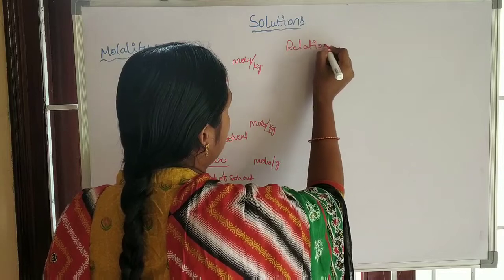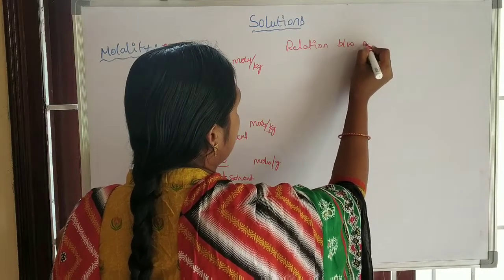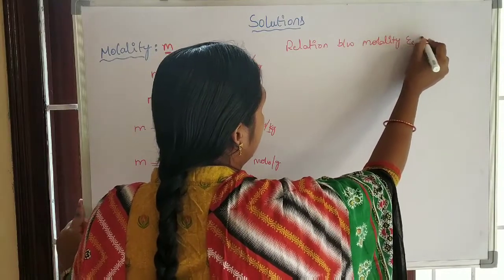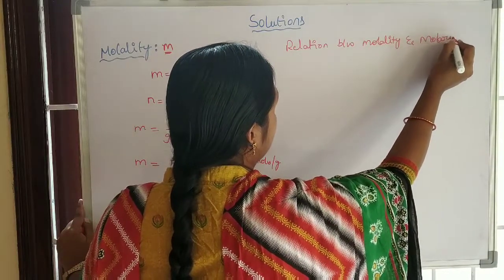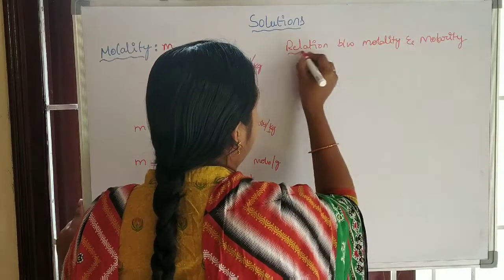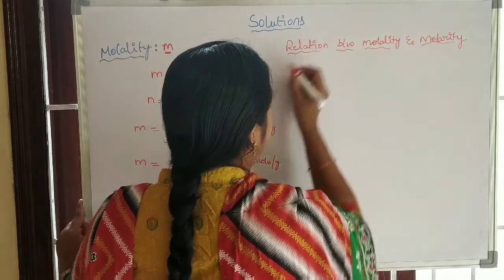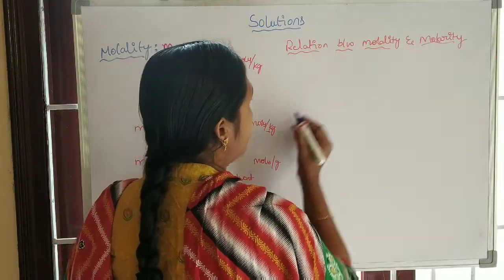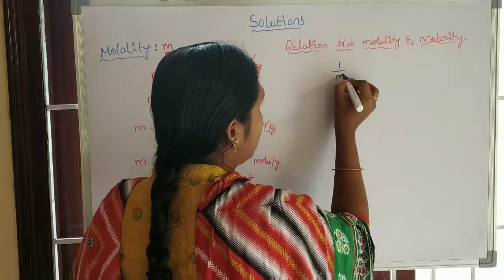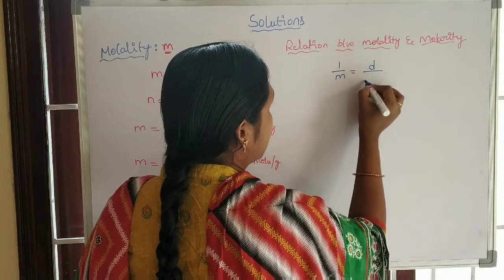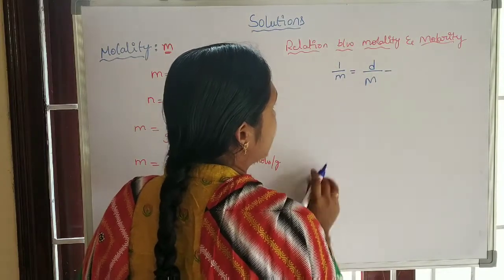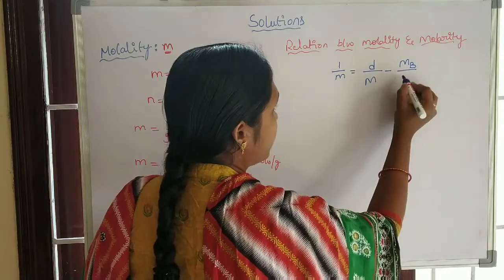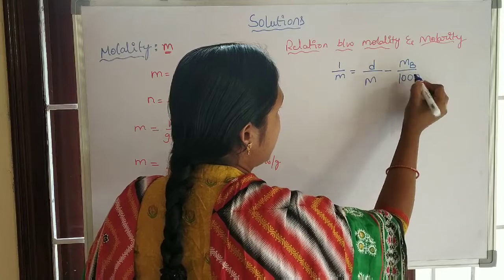Relation between molality and molarity. The relation between molality and molarity is 1 by small m equal to density by molarity minus molecular weight of solute by 1000.